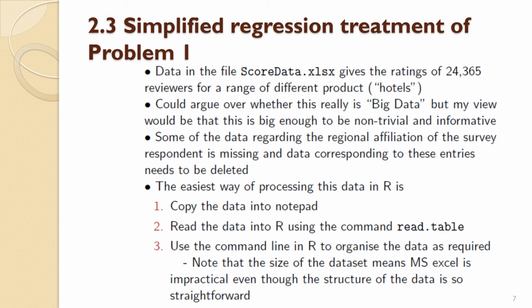As part of this, some of the data regarding the regional affiliation of the survey respondents is missing, and the data corresponding to these missing regions needs to be deleted. Now the easiest way of processing this data in R is to copy the data into Notepad, read the data into R using the command read.table, similar to what you've seen before, and then use the command line in R to organize the data as required.